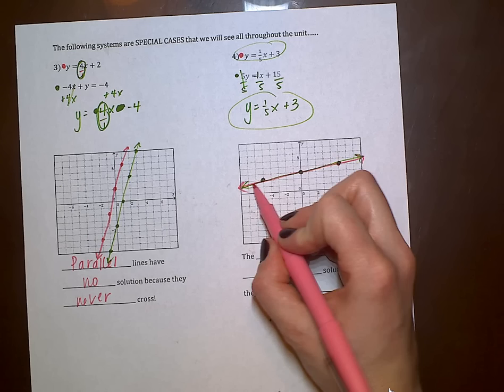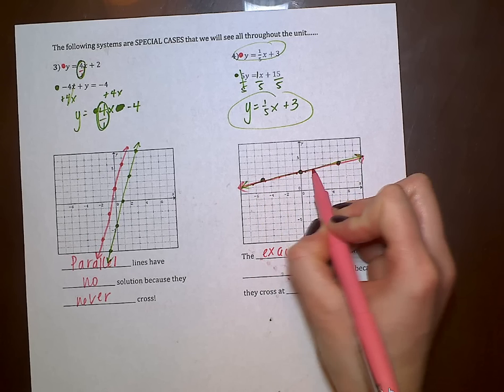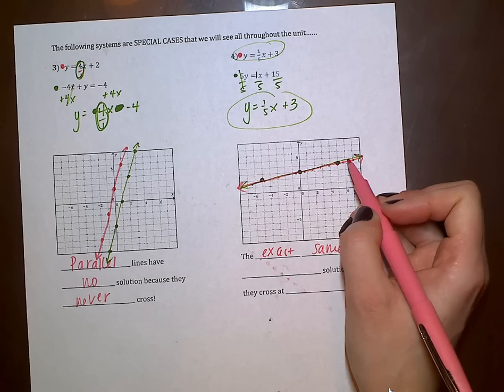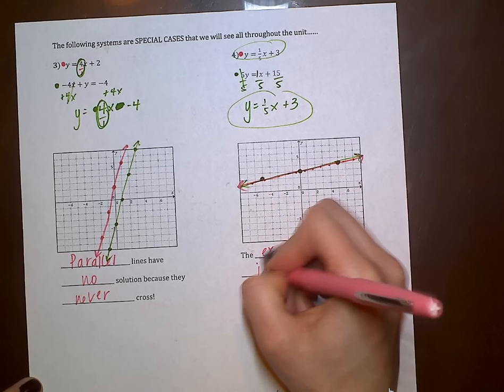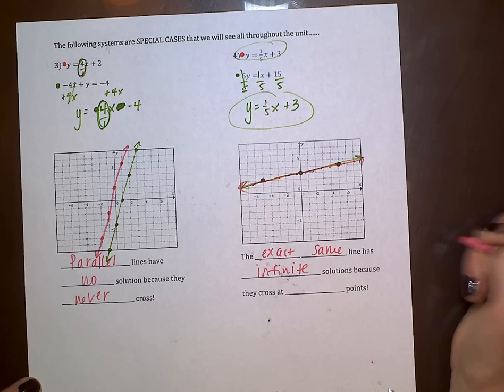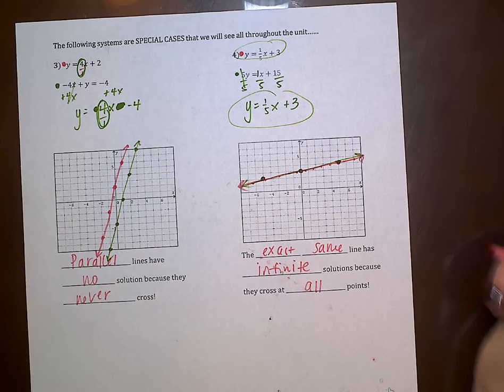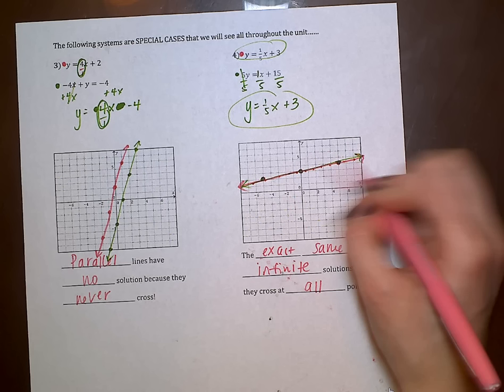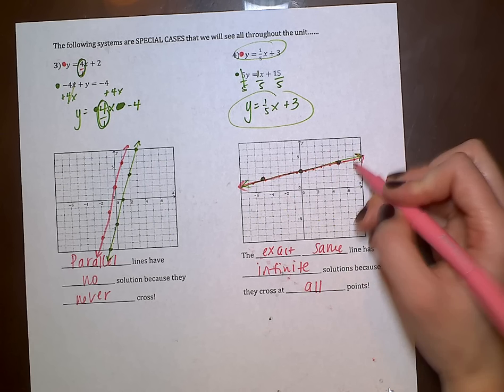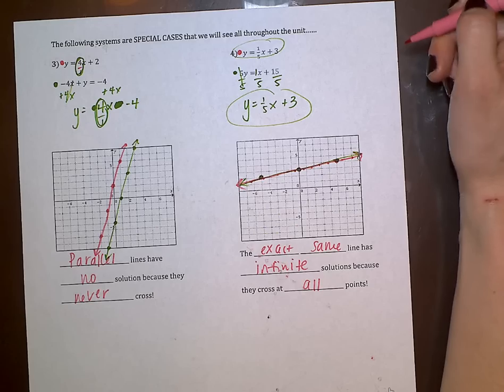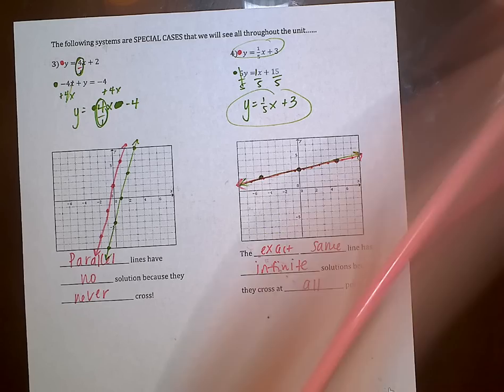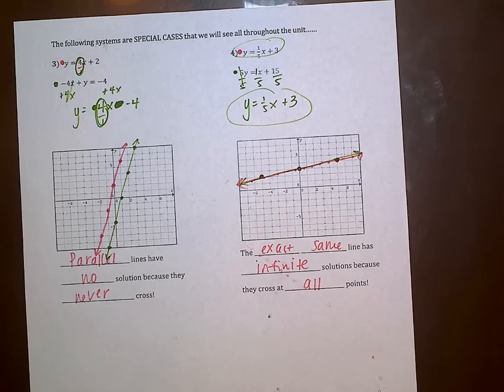These lines cross at every single ordered pair. They have every ordered pair in common. That means that there's infinite solutions because they cross at all points. Any single ordered pair on this line, you can plug in to both equations and it would work. Okay, so we got to be on the lookout for those special cases, and that's your first lesson in systems.